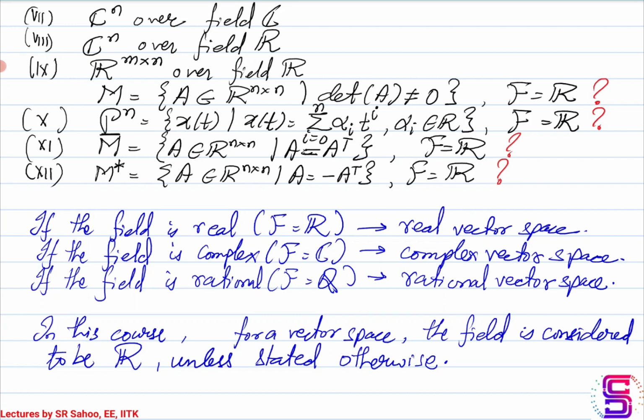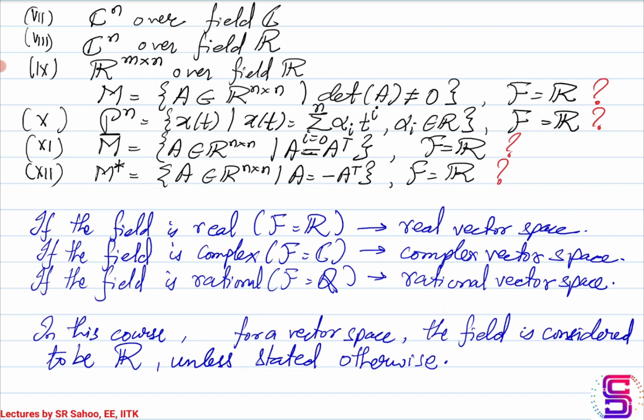Now, in this course, if we state that something is a vector space, and whether it's real, complex, rational, or something else is not mentioned, then by default we'll be considering it to be a real vector space. So if I say the set of m cross n real matrices is a vector space, it would imply that the underlying field that we are considering is the set of reals.